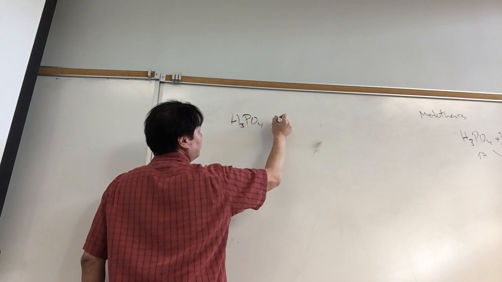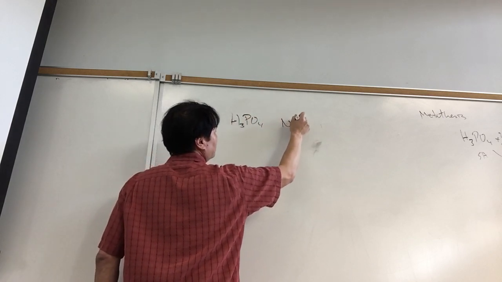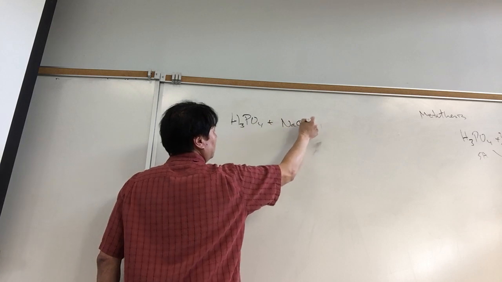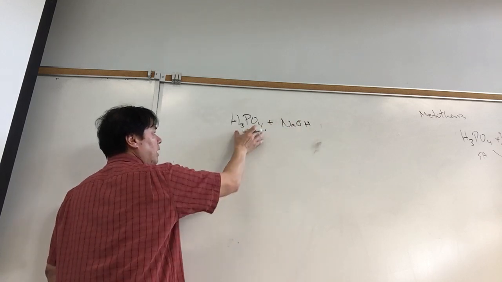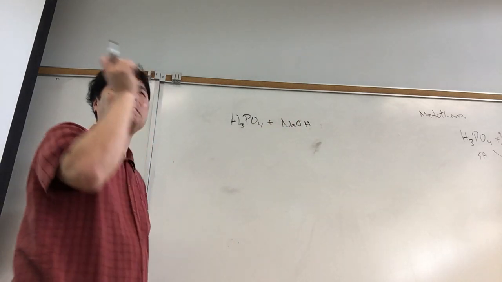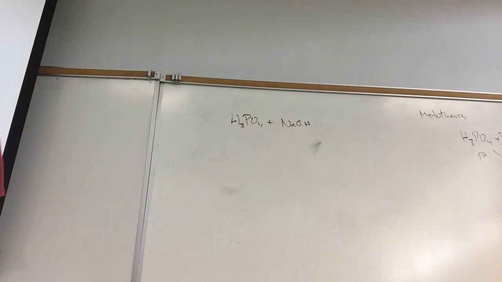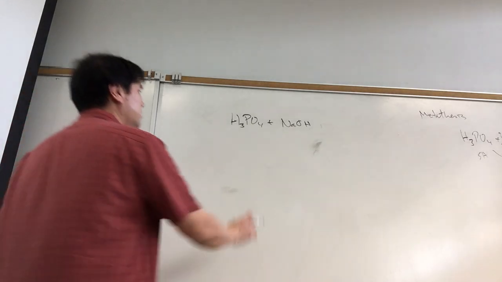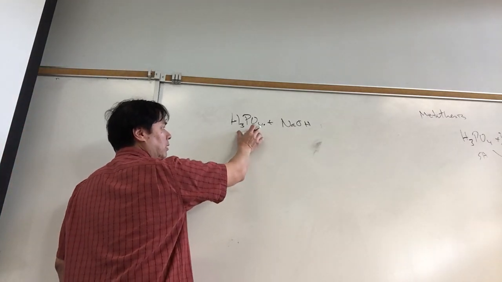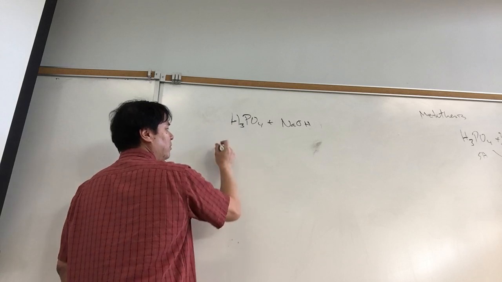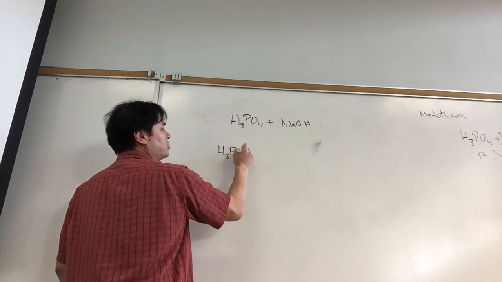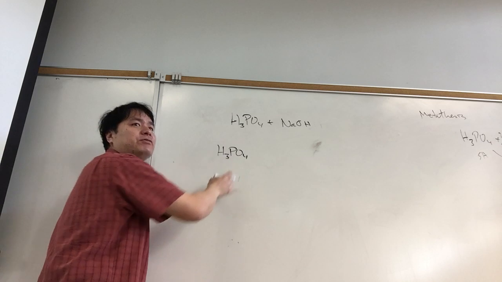So if I have H3PO4 and sodium hydroxide, does H3PO4 split apart as a strong electrolyte, or is it a weak electrolyte? It's weak. Phosphoric acid is a weak acid, and therefore a weak electrolyte. So we just leave it alone, because the major species in solution are going to be molecules of phosphoric acid.